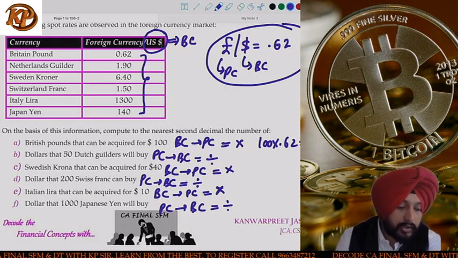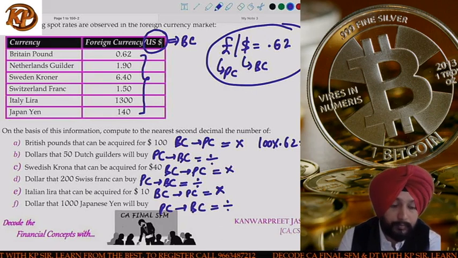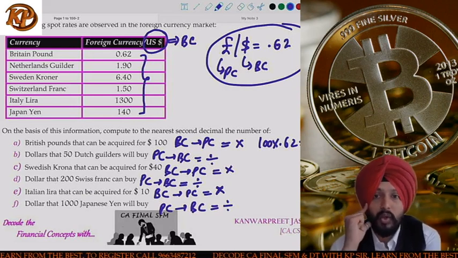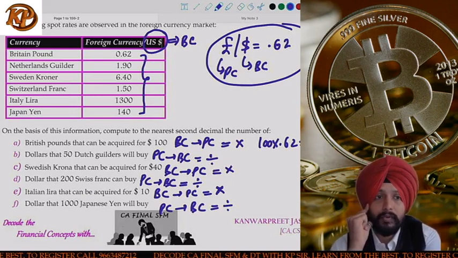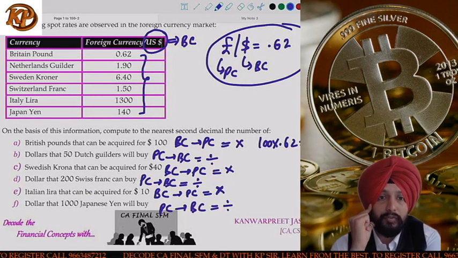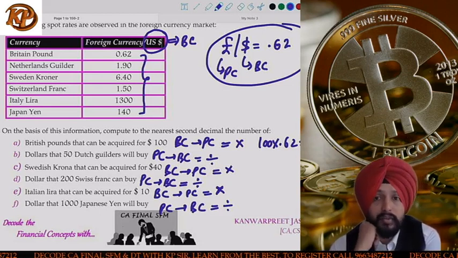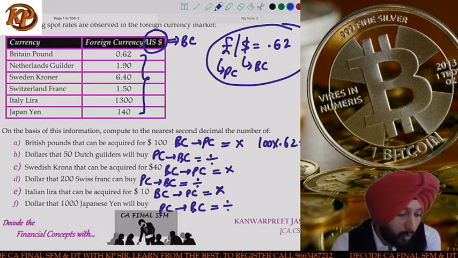And last, dollars that 1000 Japanese yen will buy: 1000 divided by 140, which will give you 7.14.